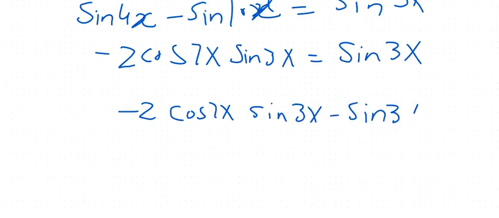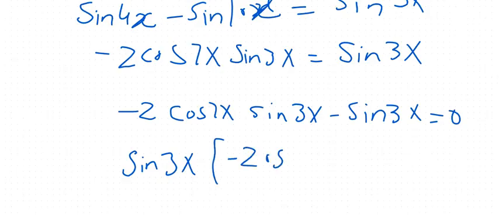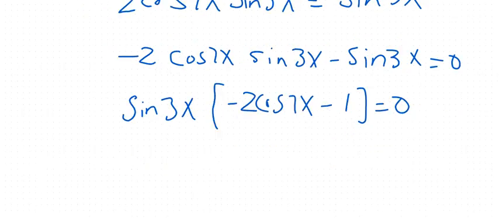So we get minus sine 3x times (2 cos 7x plus 1) equals 0.